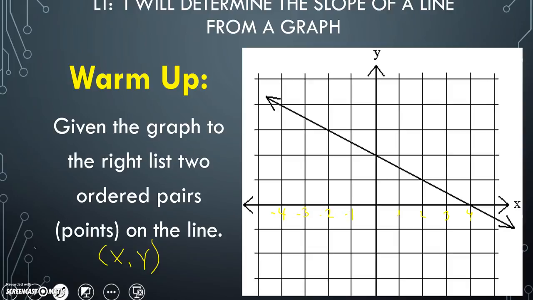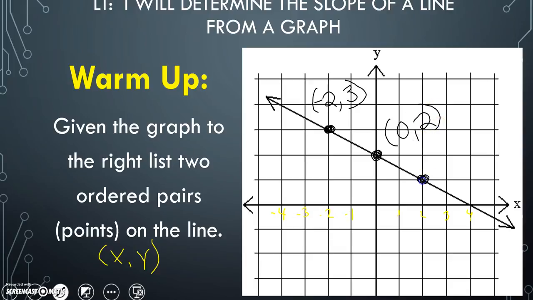Alright, so let's go over your warm-up. For your warm-up, as long as you had this point right here, which is, we go over -2, and we go up 1, 2, 3, so -2, 3. You could have this point right here, which we go over 0 and up +2.